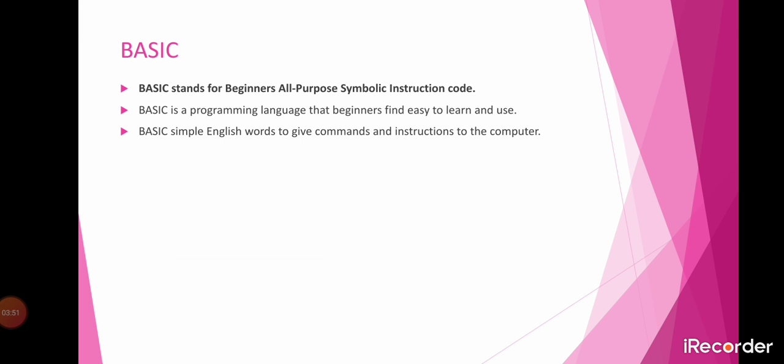Now we move to the next topic. BASIC stands for Beginners All-purpose Symbolic Instruction Code. That is the instruction code given to the computer as commands and orders. The computer does not think by itself, so we give instructions in simple English words to give commands and instructions to the computer.